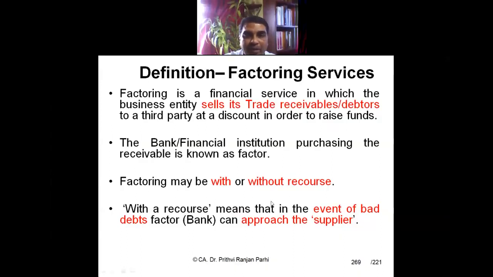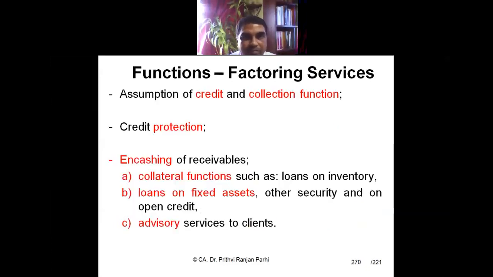Factoring may be with recourse or without recourse. With recourse means in the event of bad debt, the factor can approach the supplier. Without recourse means the factor cannot approach the company. It is his own risk. Understood?